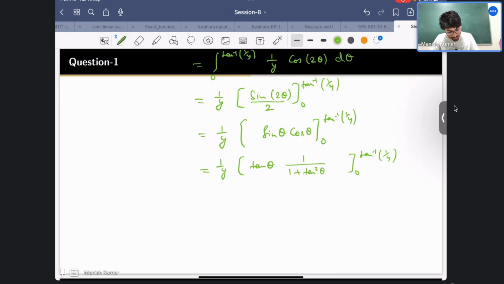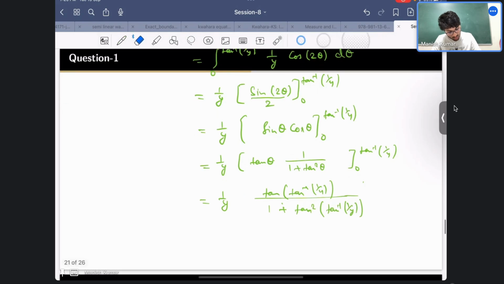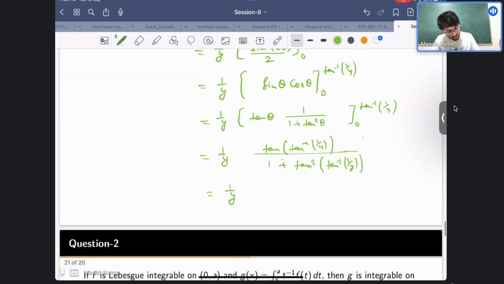So this will be 1 by y, and then you have tan of tan inverse 1 by y. Here you have 1 plus tan square of tan inverse 1 by y, right? And at 0 it will be 0. Now this tan of tan inverse 1 by y will be 1 by y.